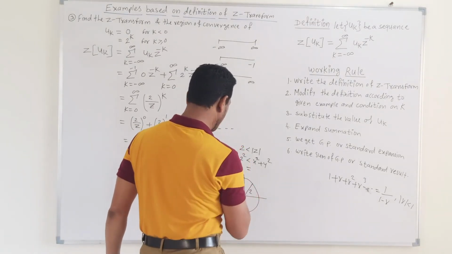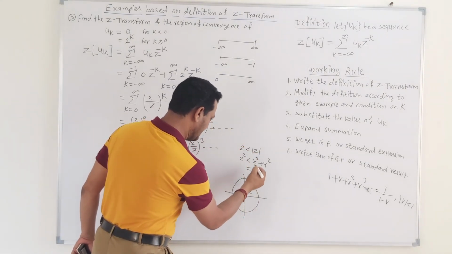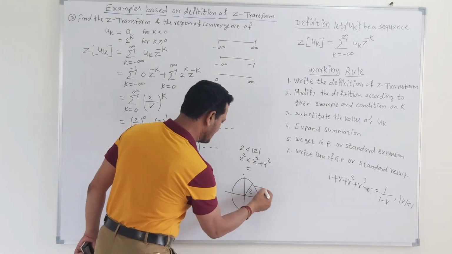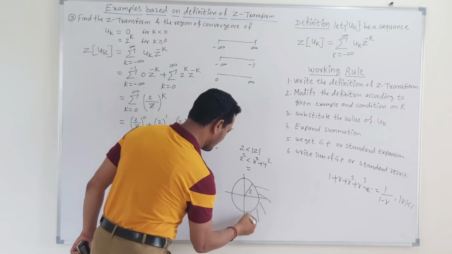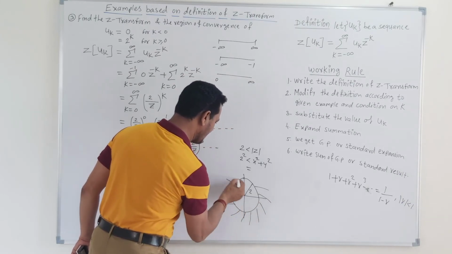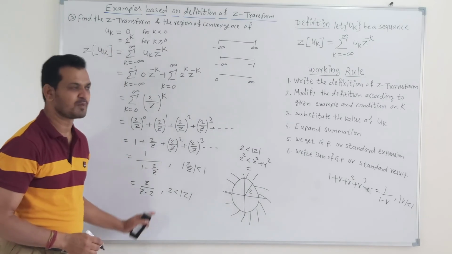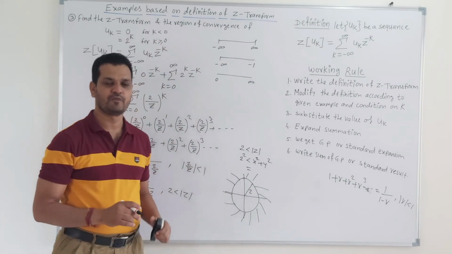If we simplify, x squared plus y squared is greater than 2 squared. That means this is the region of convergence for the given example. So in this way we find the z transformation and its region of convergence.